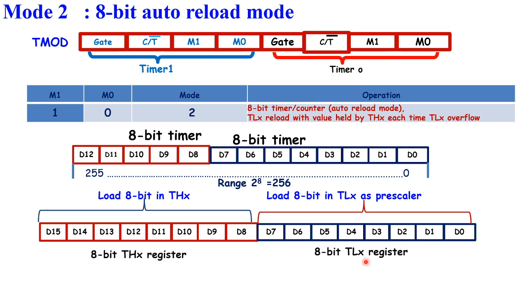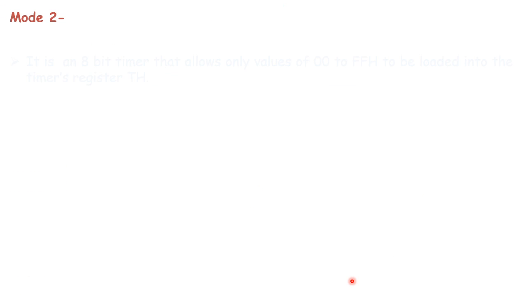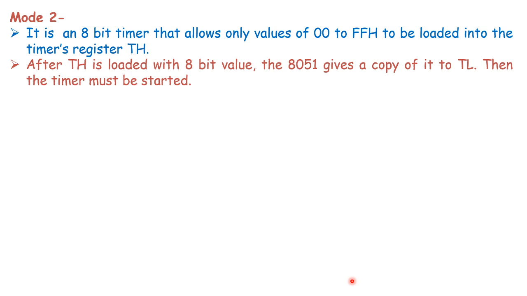So this 8-bit TLX value we stored, and the rollover occurs in the lower byte of timer 0 or 1, and automatically the upper value, that is the 8-bit value, is reloaded in the lower byte when rollover occurs, that is, the TFX flag gets set. Mode 2 is an 8-bit timer that allows only a value of 00 to FF to be loaded into timer register TH.